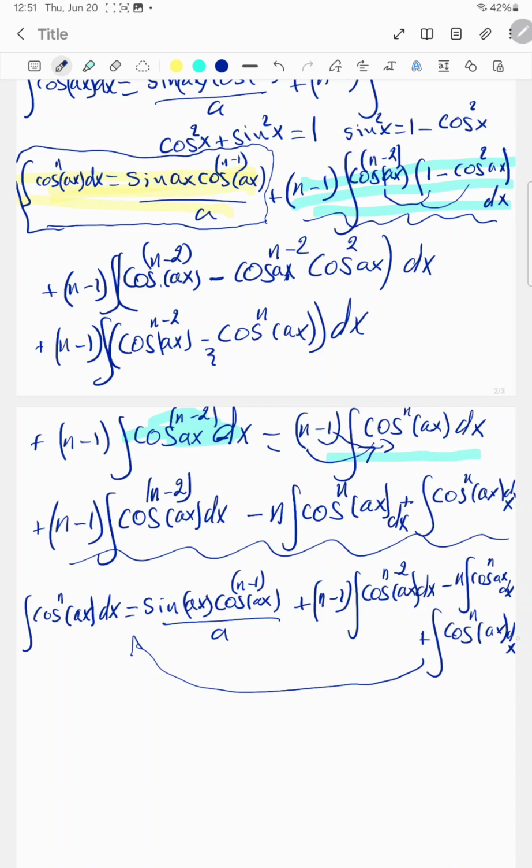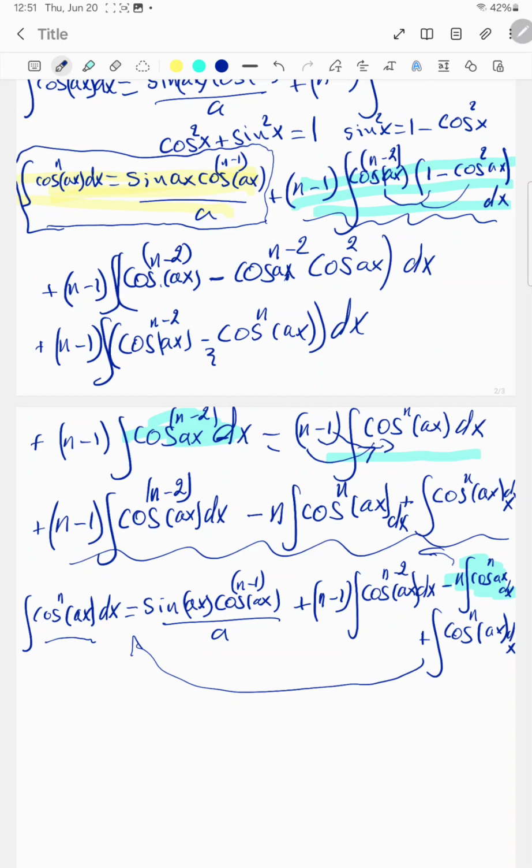So if I take this to the left hand side of the equality, it becomes minus cosine to the power of n ax dx, and here I have cosine to the power of n ax dx, so it's the same. Cosine to the power of n ax dx minus cosine to the power of n ax dx is equal to 0 actually. So I can bring this part to the left hand side of my equation.